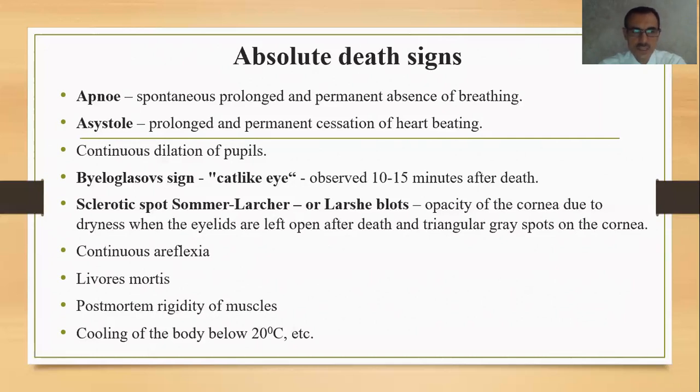Then sclerotic spots, Larche spots, the opacity of the cornea due to dryness when the eyelids are left open after death, and triangular gray spots on the cornea. Then continuous areflexia, livor mortis, postmortem rigidity of muscles, and cooling of the body below 20 degrees Celsius, and so on.